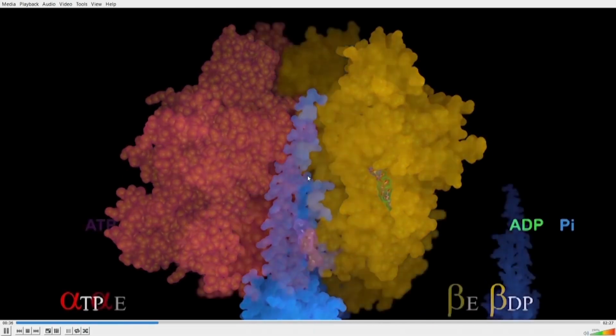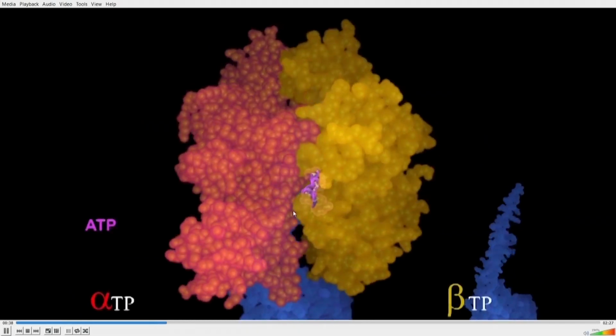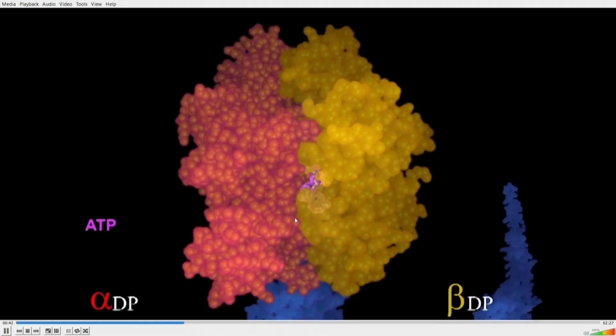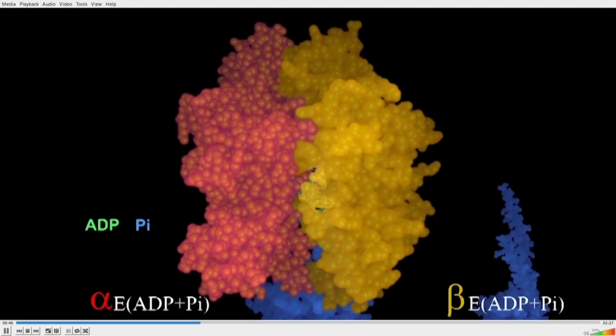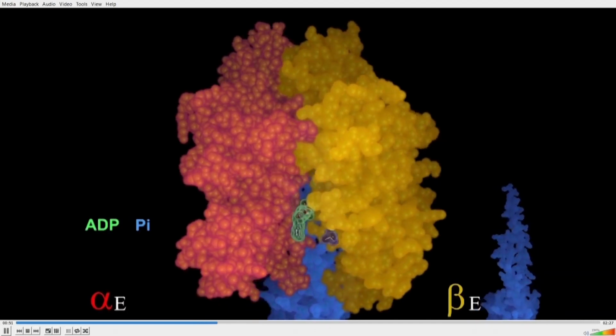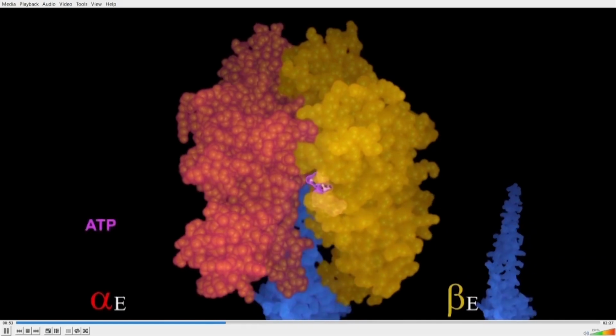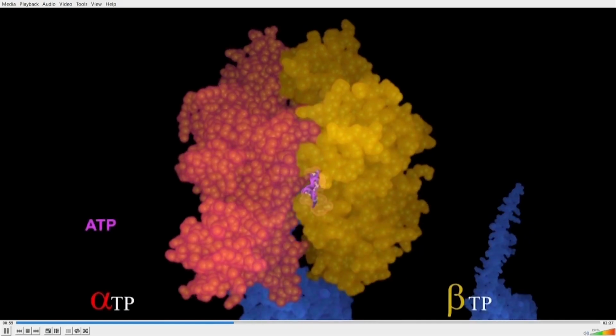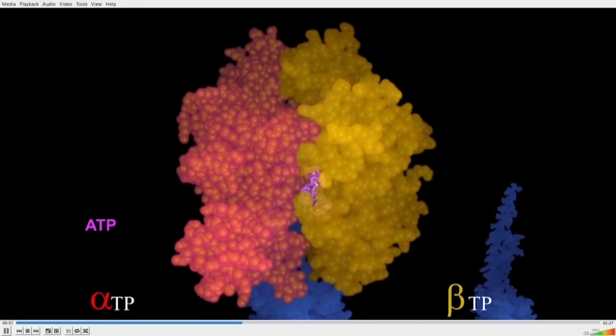As soon as that happens, you can see that the blue is making a conformational change, and because of that the beta subunit is turning its active site first into the loose binding site and then into the tight binding conformation, and because of that it couples the ADP and Pi and generates the ATP.